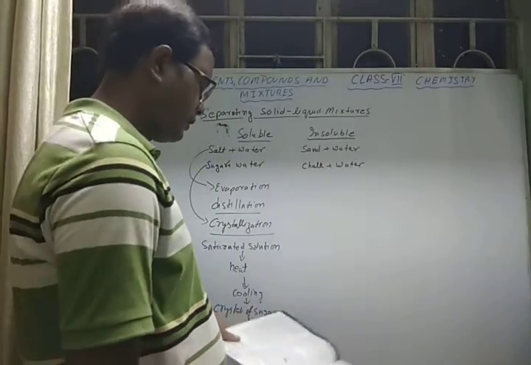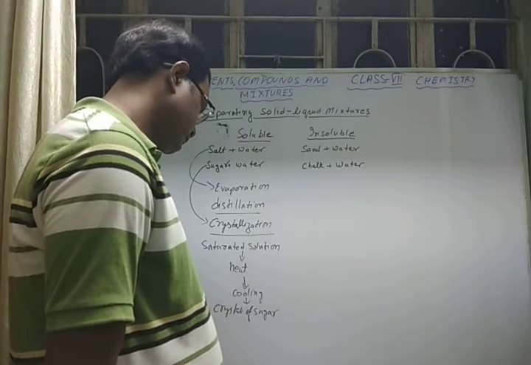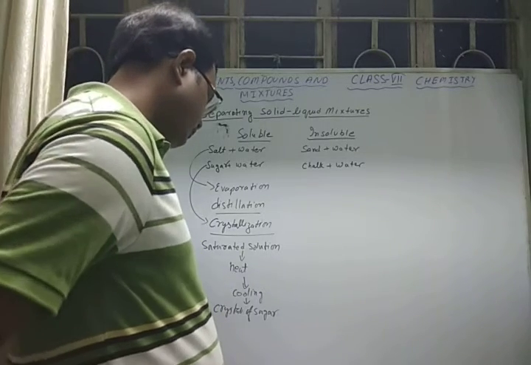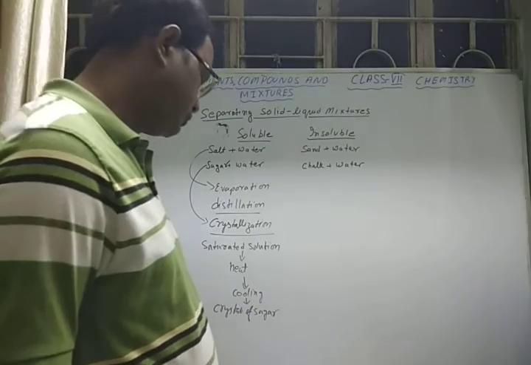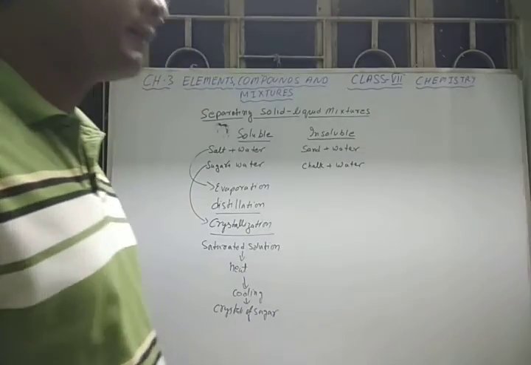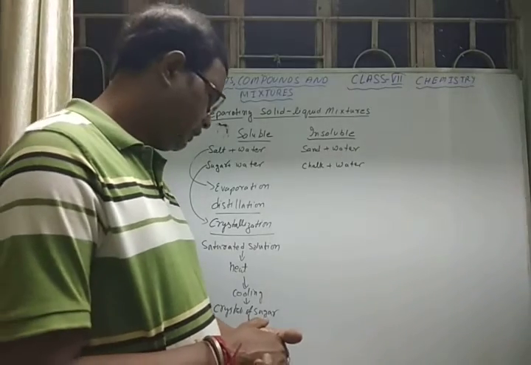Next method is the centrifugation method. It is another method where the solution is placed in a special type of apparatus called a centrifuge machine.